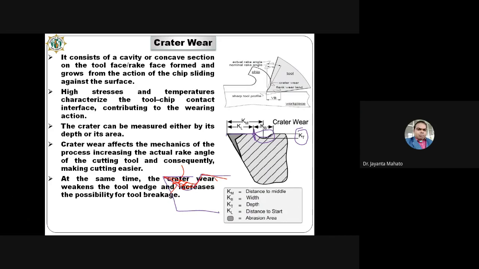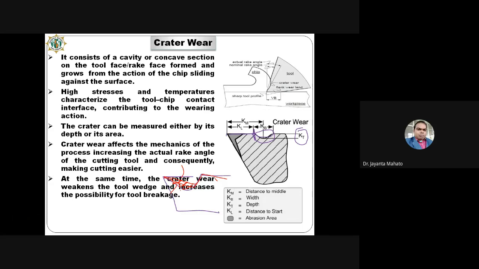At the same time, the crater wear weakens the tool edge and increases the possibility of tool breakage. So the positive rake angle will increase, but it also has the effect that the crater wear weakens the tool edge and increases the possibility of tool breakage.